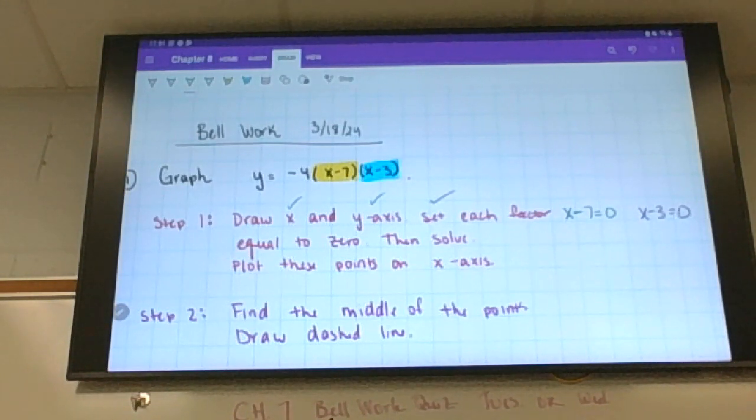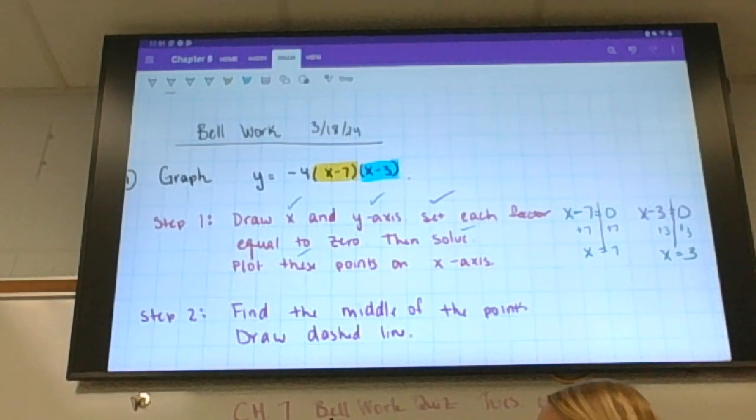Says solve it. So I put my line in here. I do opposite operations. I get X is 7 and X is 3. Check. Plot these points on the x-axis. These points are called zeros, X-intercepts and zeros.